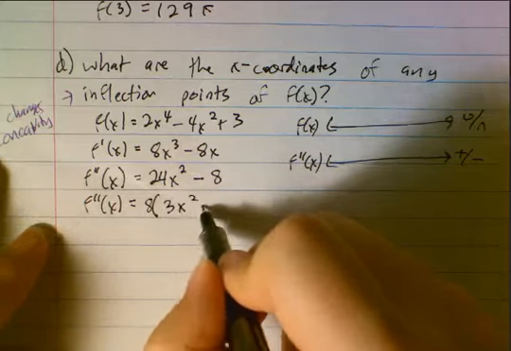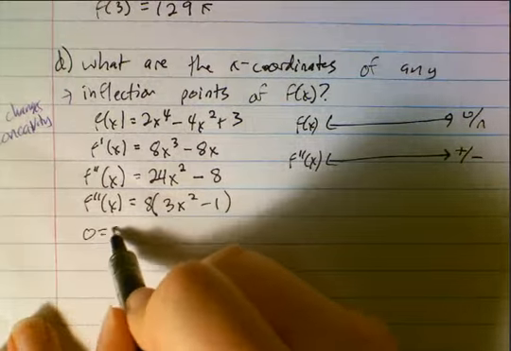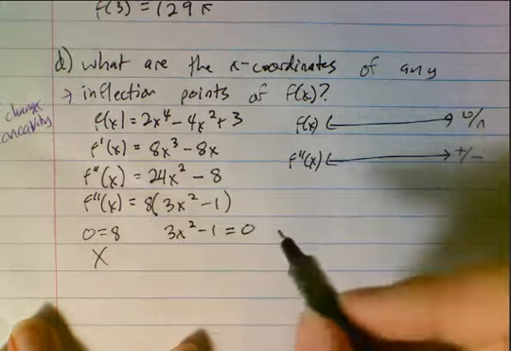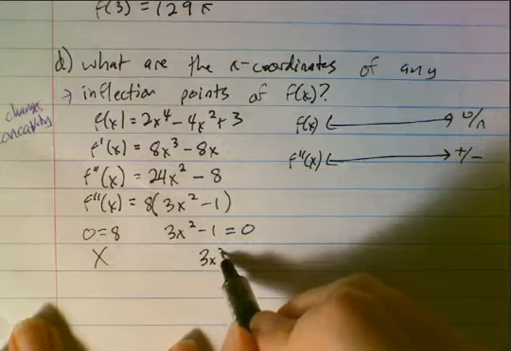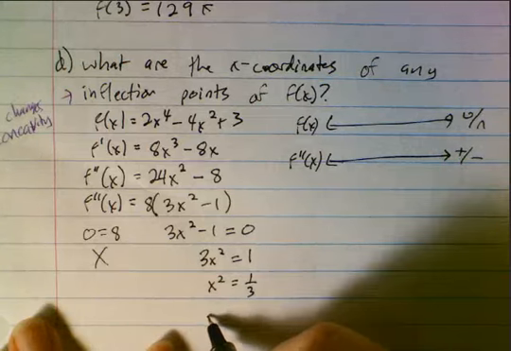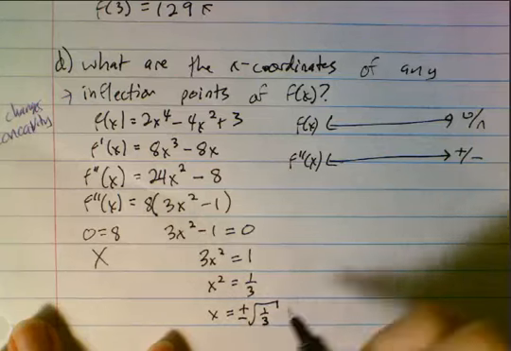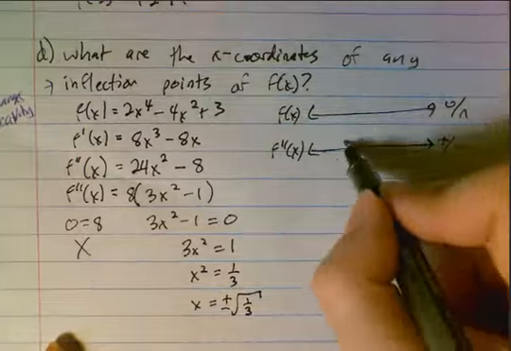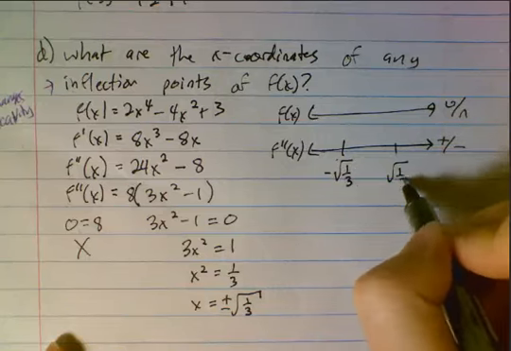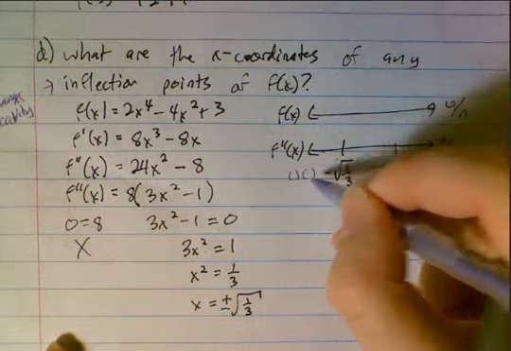Got 3x squared minus 1. And so we're in a situation where either 0 equals 8, which is never true, or 3x squared minus 1 equals 0. Add 1 to both sides, divide by 3, and take plus or minus the square root. This gives me my numbers to put here. And now I've got the two factors.